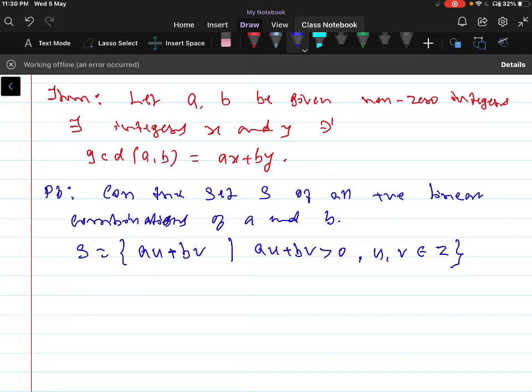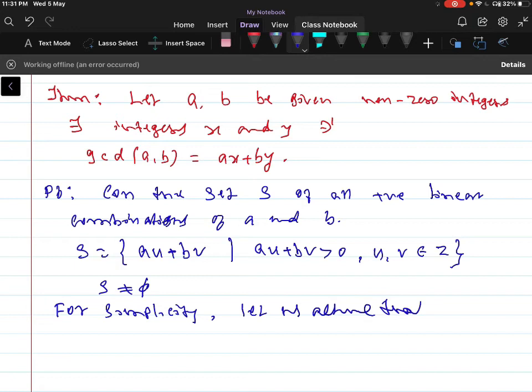Now we prove that S is non-empty. For simplicity, let us assume that a is not equal to 0.